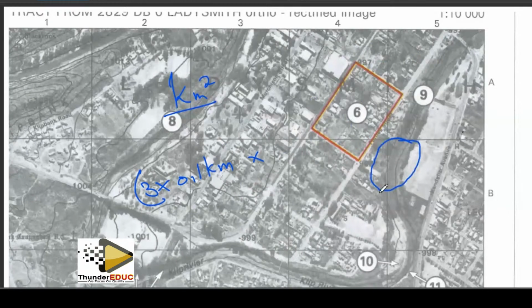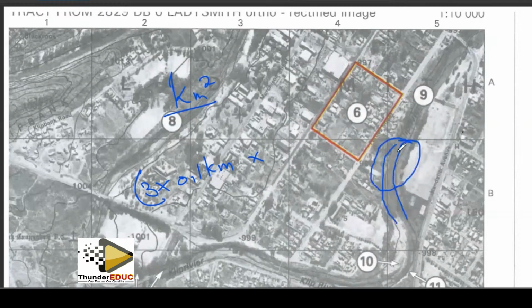Why is it impossible for this to expand to the southeast of this particular side of the map? Right. The reason is that we have a river here. This river is the main reason why expansion cannot be possible, because this block is almost close to the river.